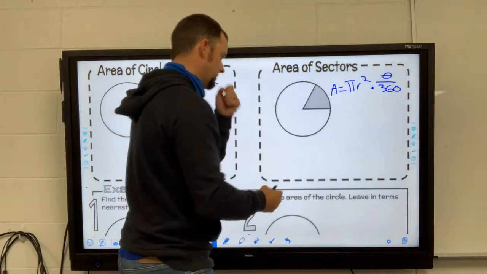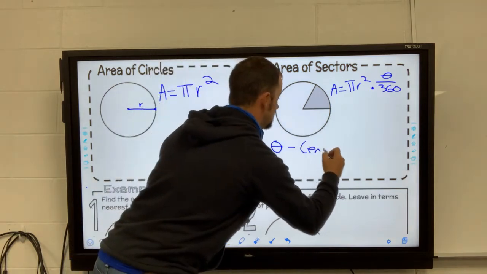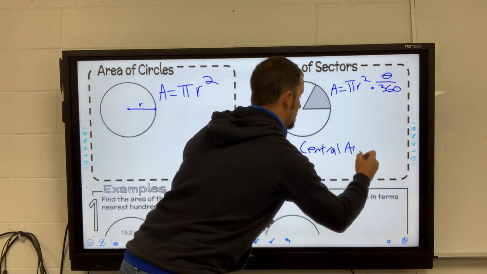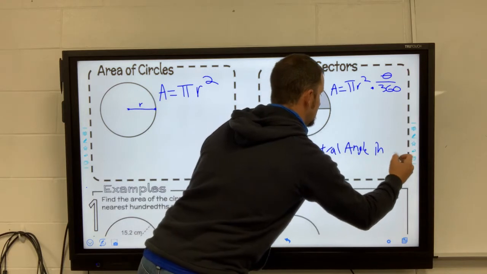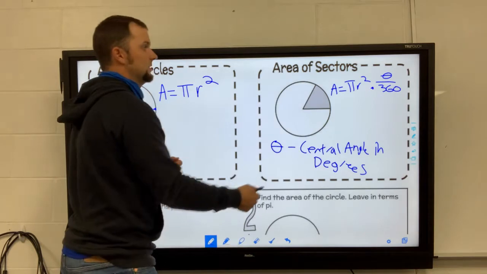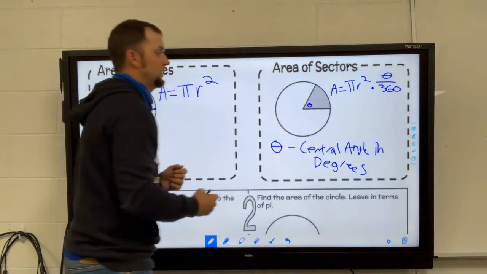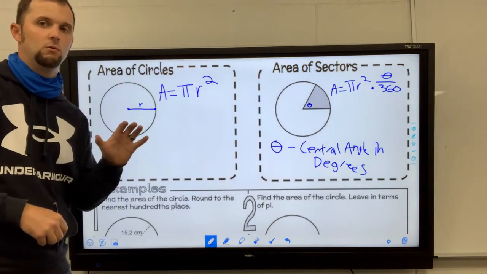What I want you to realize is theta is your central angle in degrees. In this instance, on the area of a sector, my central angle is this guy, and it's represented by the theta symbol, okay?